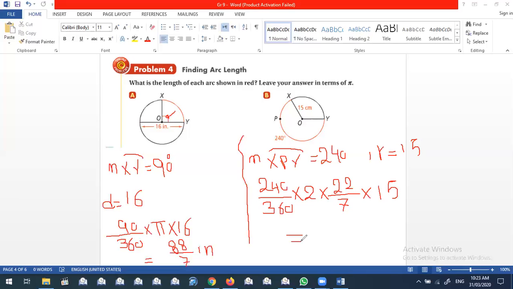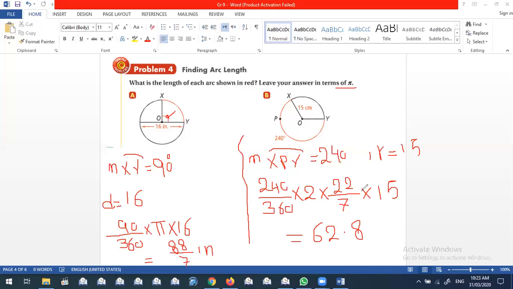Let's find the answer. 240 over 360 times 2 times 22 over 7 times 15. The answer is approximately 62.8.